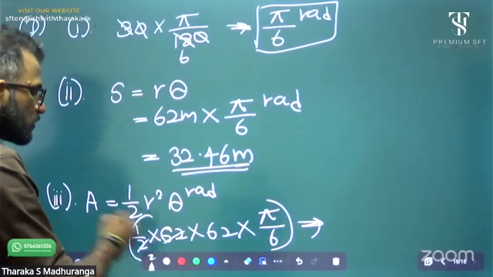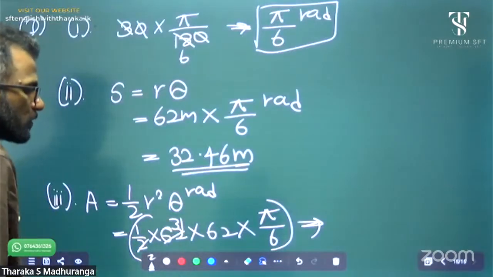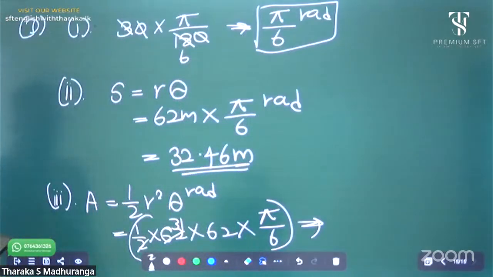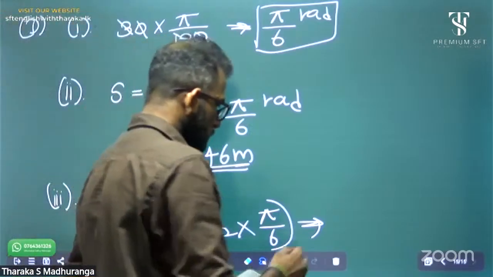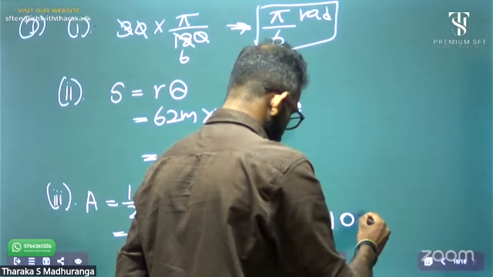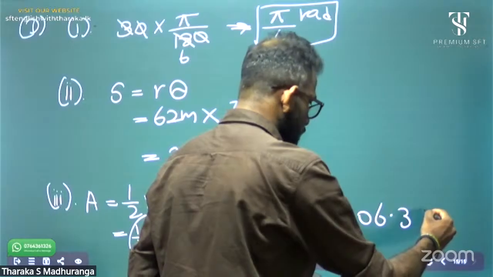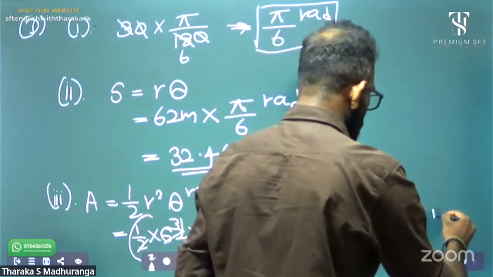Sixty-two cancel into 31. 31 into 62 into pi. Value divide by 6. 1006.35 square meter.